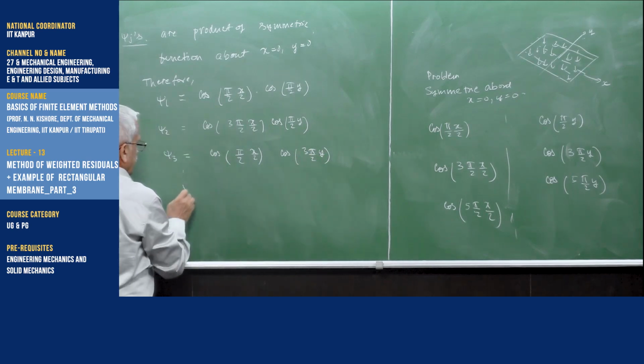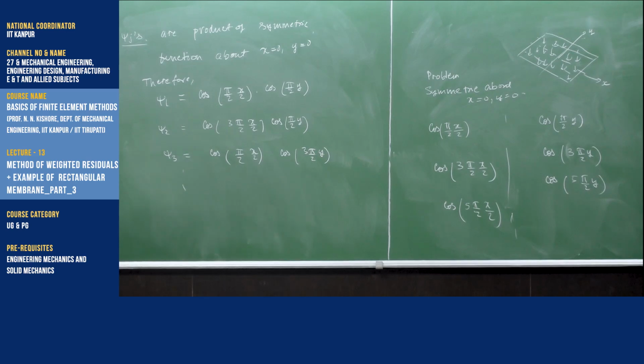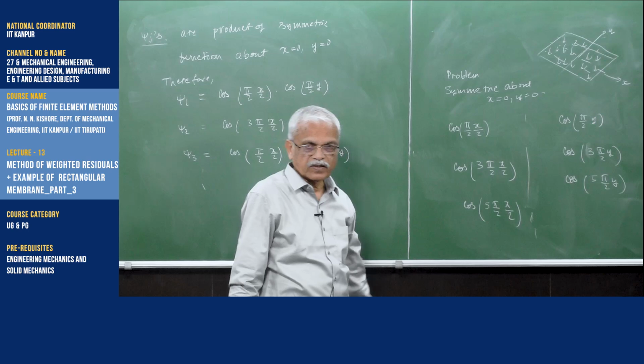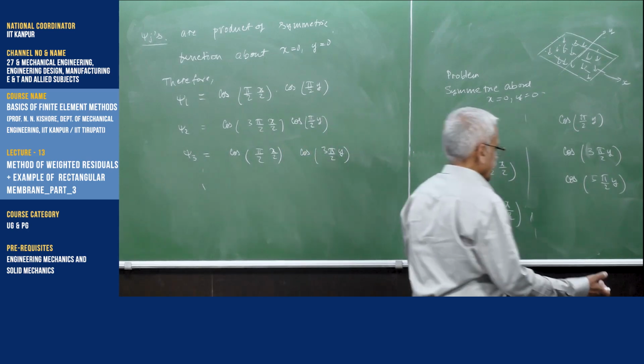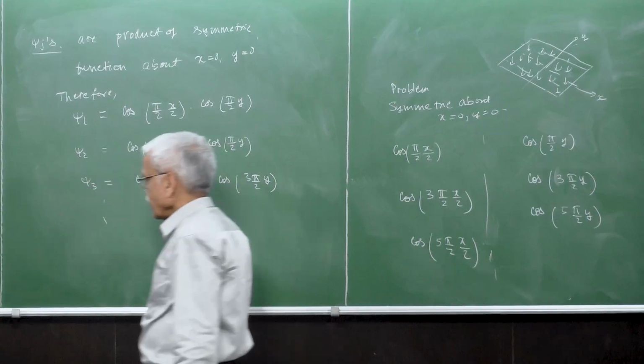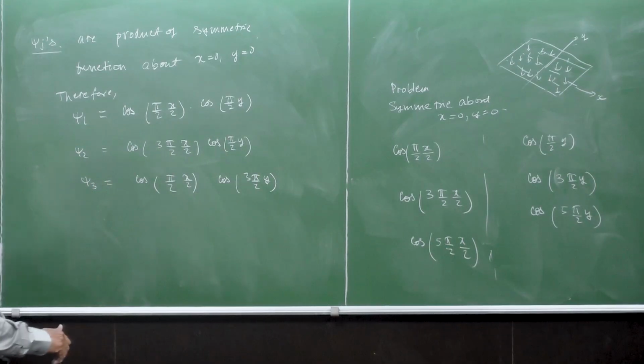So like this, we can take all possible products. This is a set, maybe n terms, or you can make an infinite number of terms here and here, and then you can take the product of all these things.